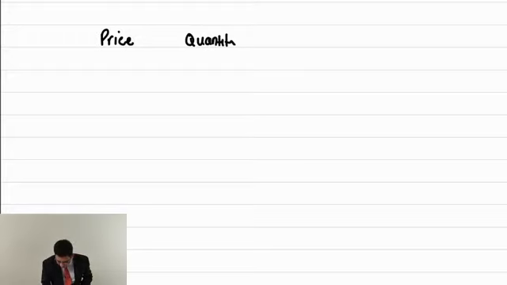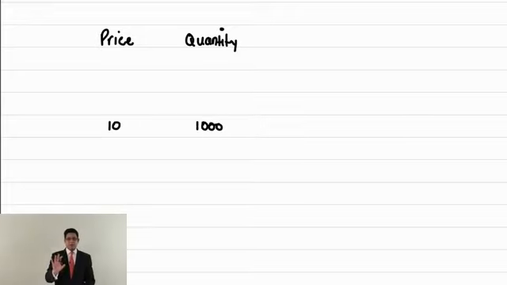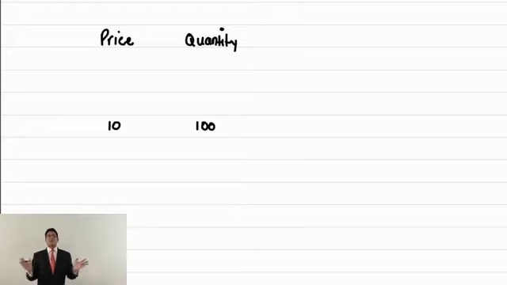I'm just assuming that when the price was 10, quantity was 100. Let's make it even smaller: when price was 10, quantity was 100.